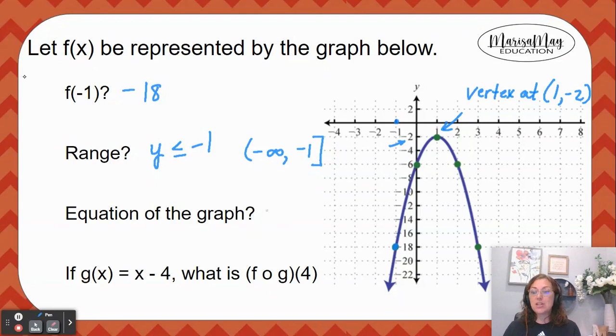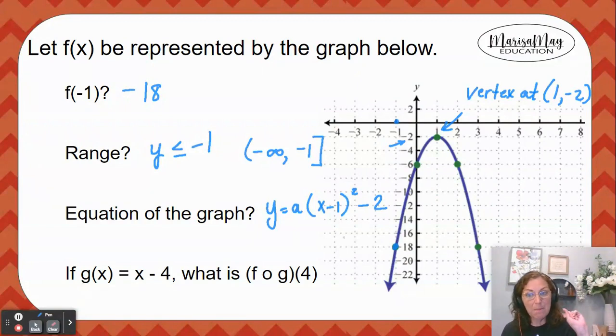So I know that I can use what's called vertex form. I've got this quadratic, and I am putting the vertex. You can see where I put the 1 inside the parentheses with the x. Yes, I intended that to be a -1. It should be a -1. And then on the outside, I put the y value, which is a -2.